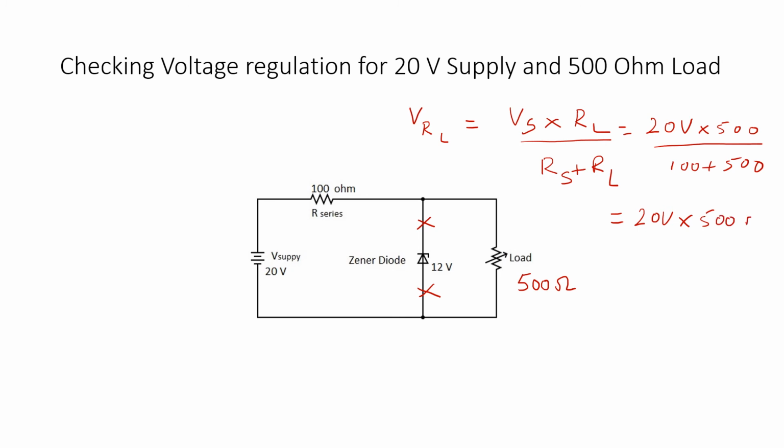and that equals 20 volts multiplied by 500 ohms divided by 600 ohms. Do the calculation: 20 multiplied by 500 divided by 600 comes to 16.67 volts.